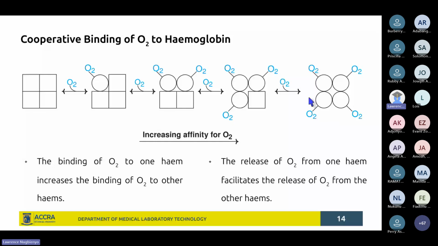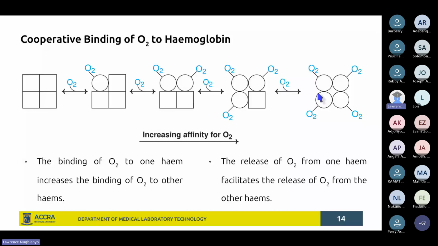Now, when we look at it in the opposite direction, that is from right to left, that will be the process that is occurring in the tissues. That is the release of oxygen molecules by hemoglobin to tissue cells. That is also cooperative.